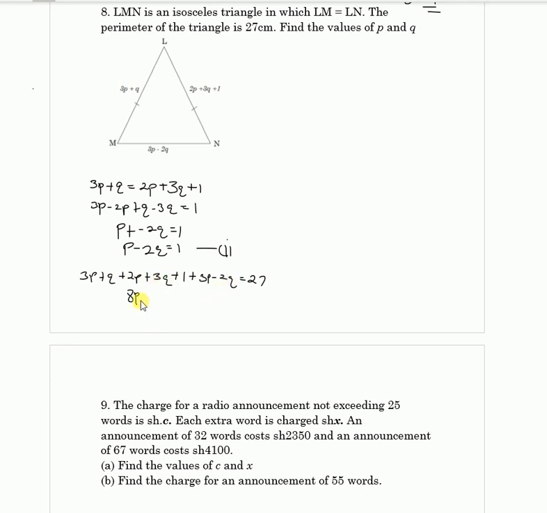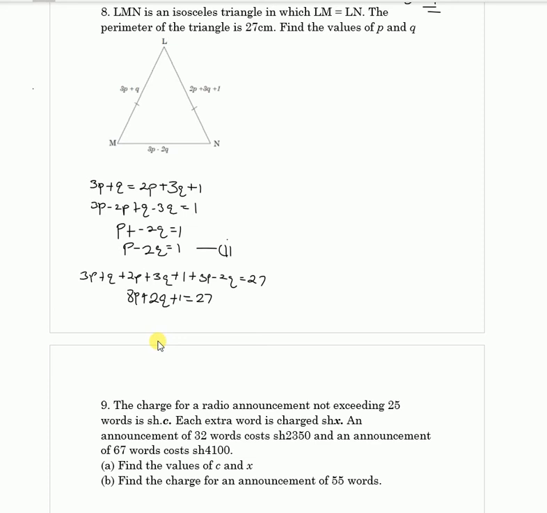Then minus 2Q, so we have plus 2Q. Plus 2Q plus 1 equals 27.